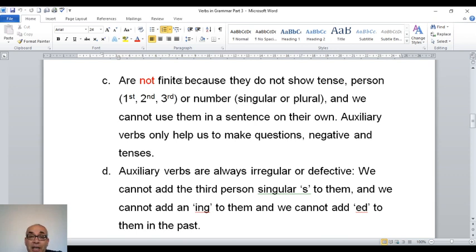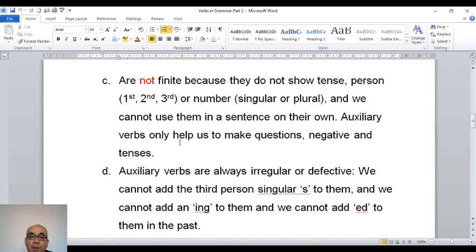So auxiliary verbs are not finite. They don't have a tense. You see the tense, but it's not complete. And we cannot use them in a sentence on their own. So in general, as I said, forget do and be and have. If you forget these three verbs, auxiliary verbs cannot be used in a sentence on their own.